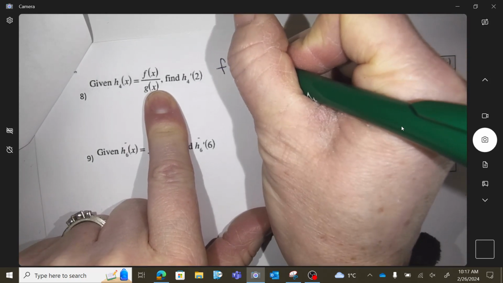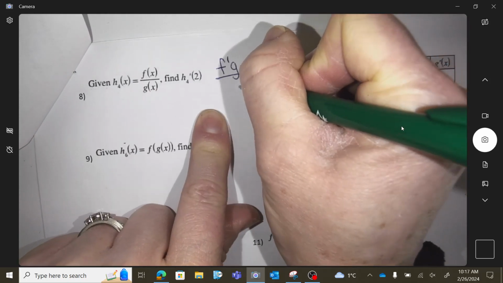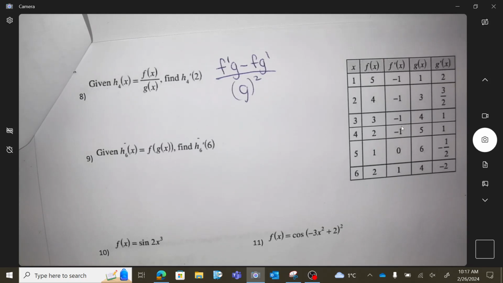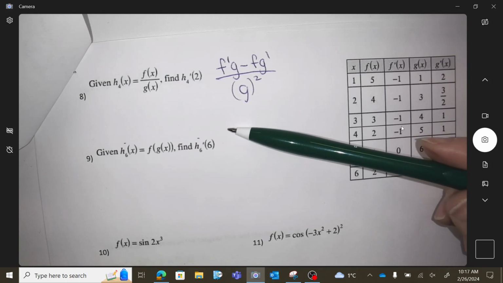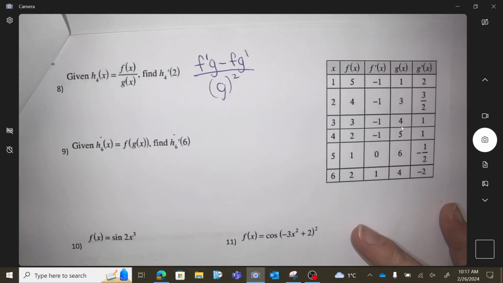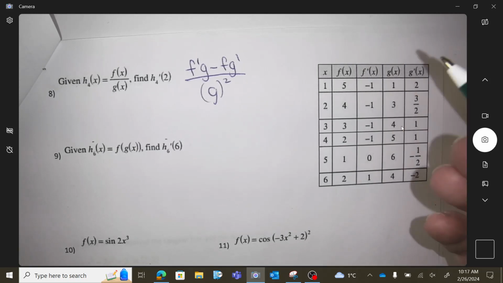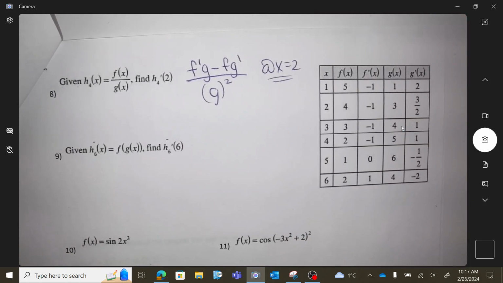I'm just going to go F prime G minus F G prime over G squared. Just a little bit of a shortcut I'm doing. Obviously, I should have done F of X, G of X. But okay, so that's what I'm thinking. And I'm doing this all at the X value of 2. So we're going to read the chart at 2.